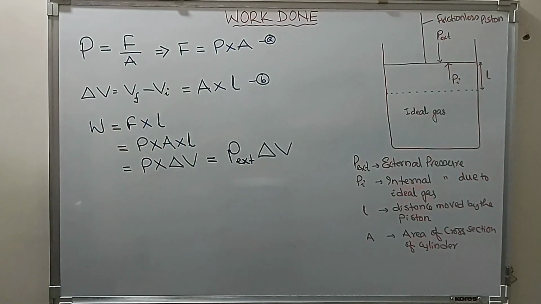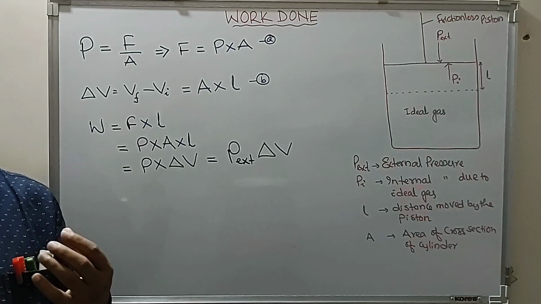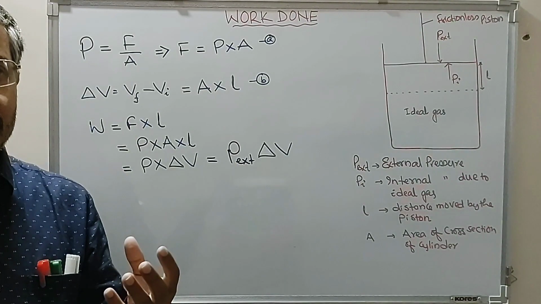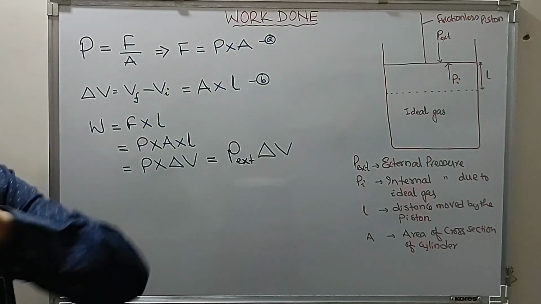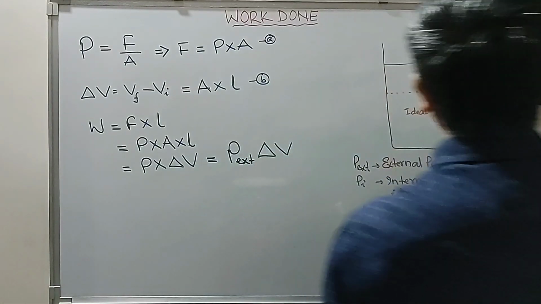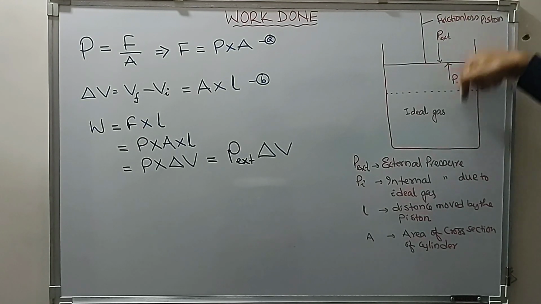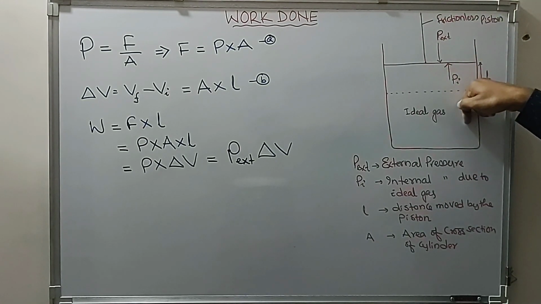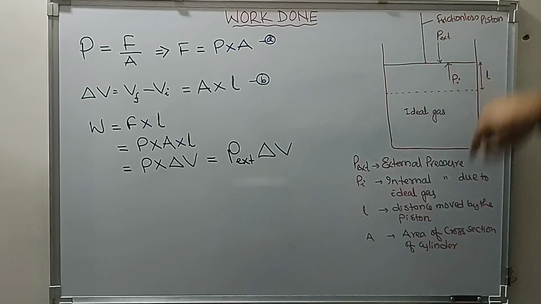Now look at this. We define the convention of work as positive if surrounding is doing work on the system, that is work done on the system, that is P external is greater than P internal, that is compression work. Compression work means there is a decrease in volume, so volume decreases, work done should be positive.